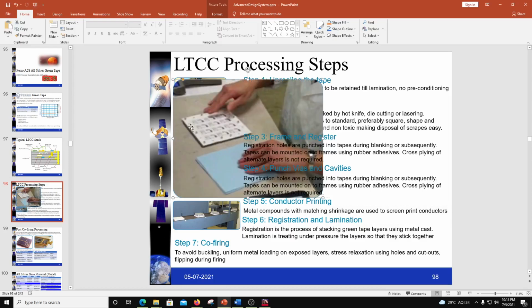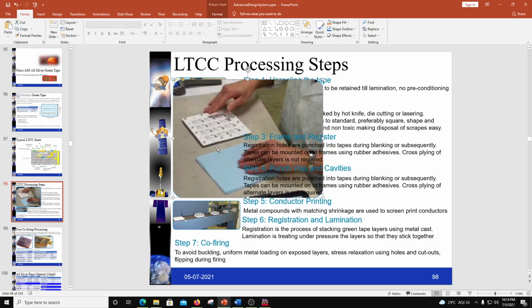If you see this, it is going to be applied onto a metal frame, and the metal frame has 4 poles on the corners, and the LTCC square block is going to have 4 punched holes.